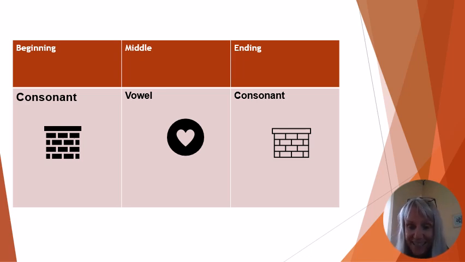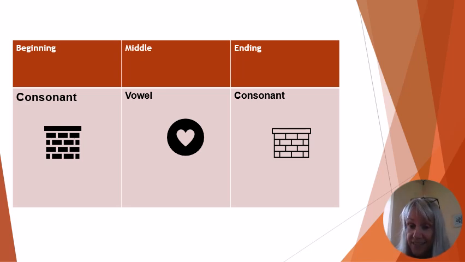In the beginning, we have a consonant wall. We're hearing at least one consonant sound, and we need to represent that consonant sound with at least one of our consonants. In the middle of the word part, we must have this in order for it to be a syllable, a vowel sound. The vowel sound is the heart of each word part.